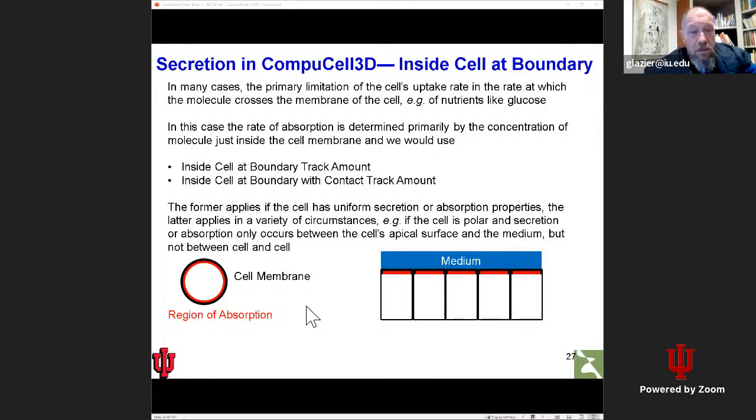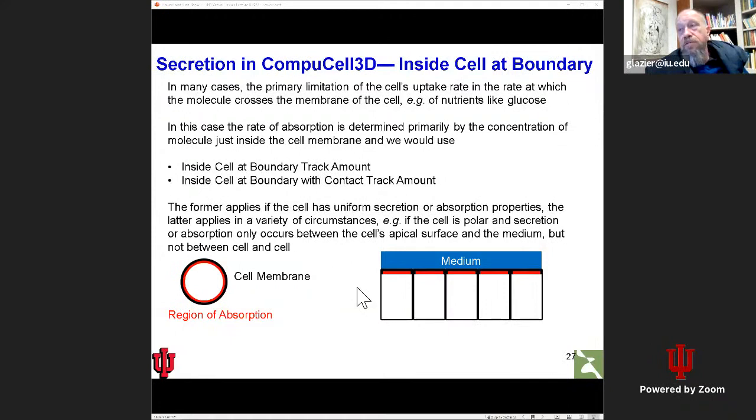The other thing that we're going to be able to do, and again, some of these slides may be a little bit not quite in sync with each other, is that in the case of things like epithelial layers, the layers of cells that line your gut or your skin or your nose, there's one surface of the cell, the top surface, the apical surface, that's responsible primarily for secretion and absorption, at least of certain species.